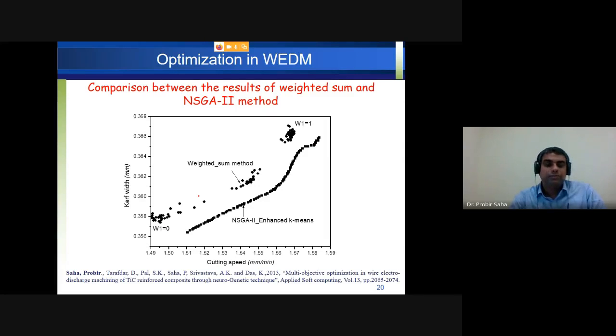With an increment of 0.01, I solved the same problem. I run this single objective GA, changing the weighting factor from 0 to 1, say 0.01, then again increasing by 0.01, and I got different solutions.